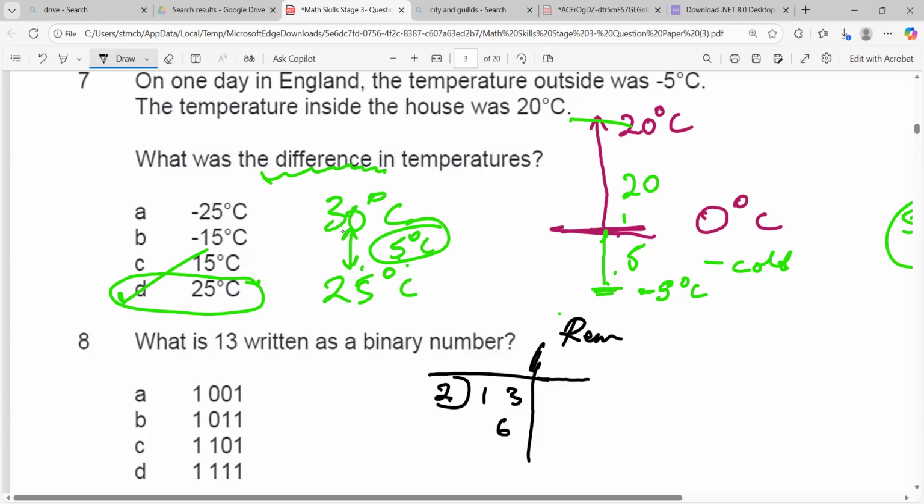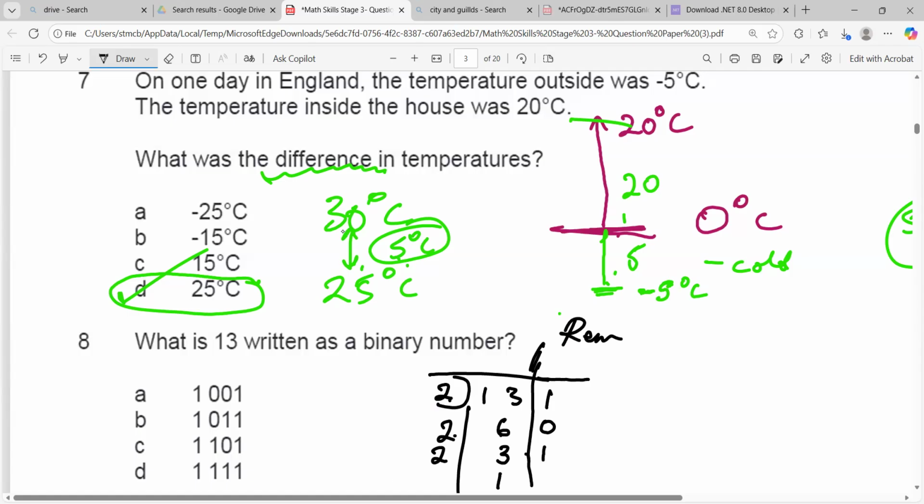That is 6, with remainder 1. And you continue again. 2 into 6 goes 3 times, but this time the remainder is 0. Then 2 into 3, 1 time, with remainder 1.